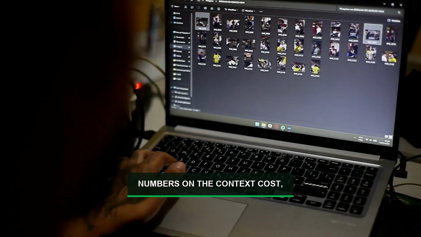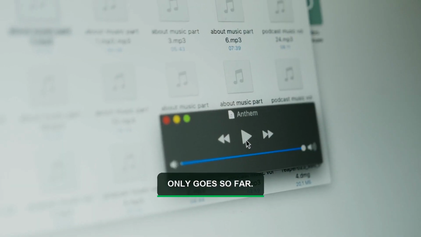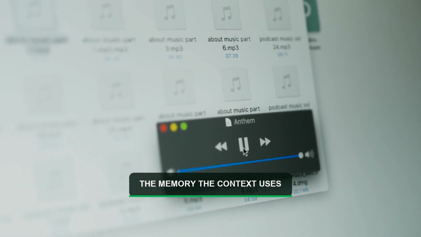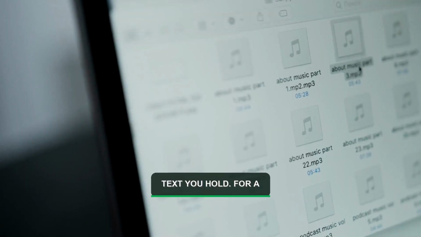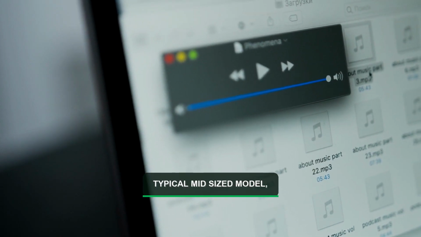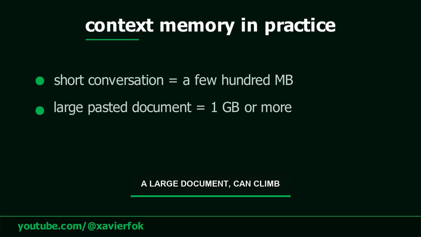Let me put real numbers on the context cost, because the rule of thumb only goes so far. The memory the context uses depends on the model and grows with how much text you hold. For a typical mid-sized model, a short conversation might use a few hundred megabytes, barely a rounding error. But a really long context, the kind where you have pasted in a large document, can climb to a gigabyte or several.